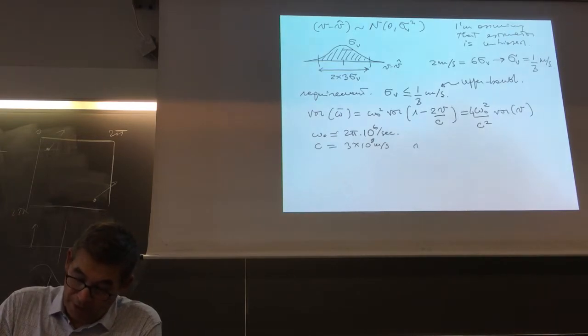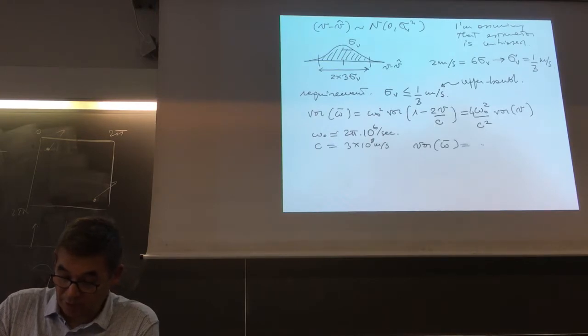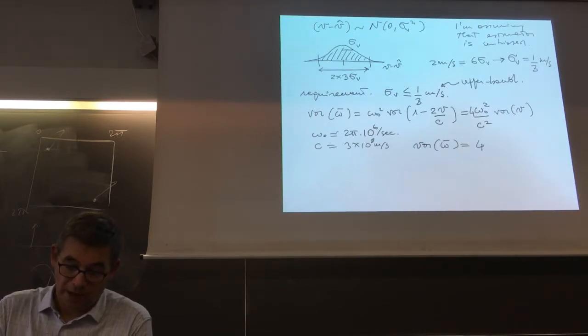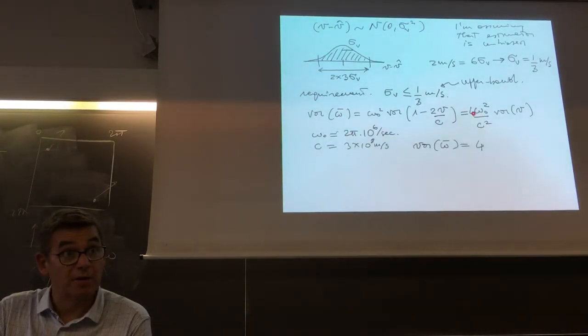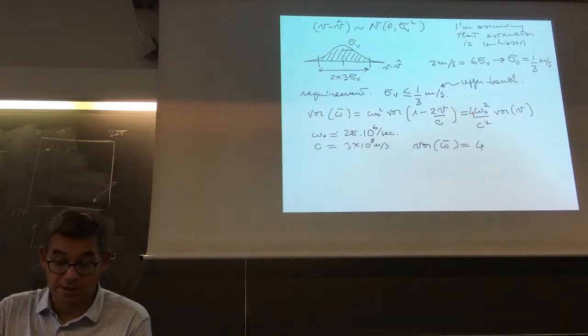So the variance of omega naught is equal to 4 pi squared, look at here, I have 2 pi, and then another 2 pi here, and I have 4, so 2 times 2 is 4, and 4 times 4 is 16.